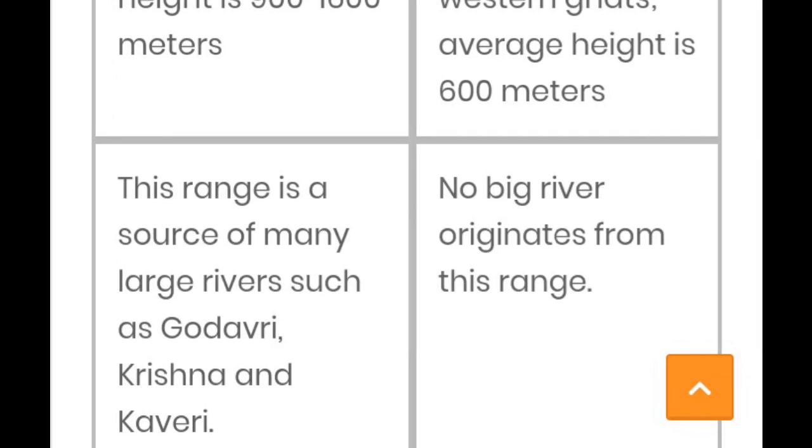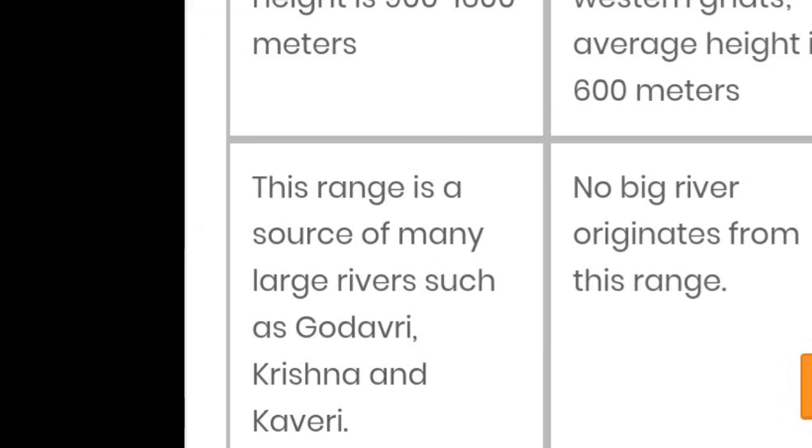Major rivers of the south, Godavari, Krishna and Kaveri, originate in the Western Ghats, whereas no big river originates from the Eastern Ghats.